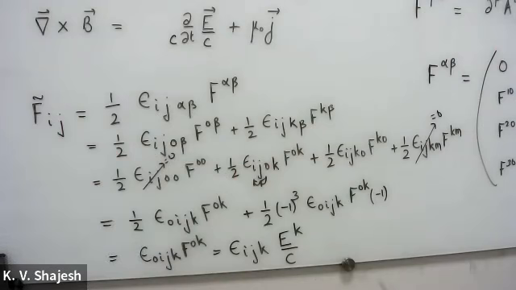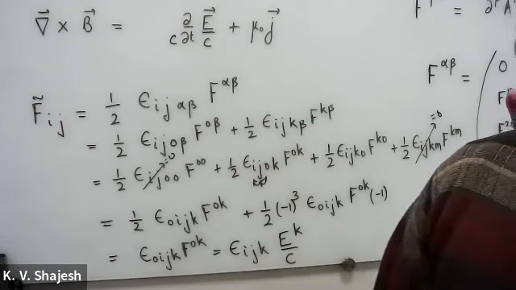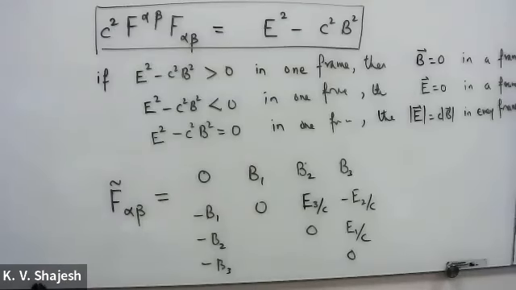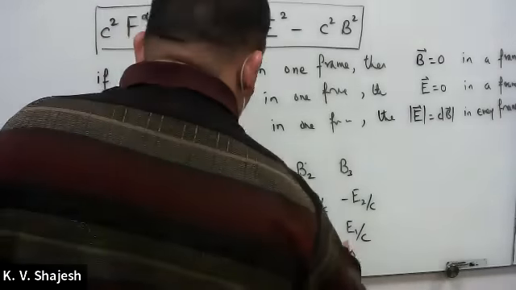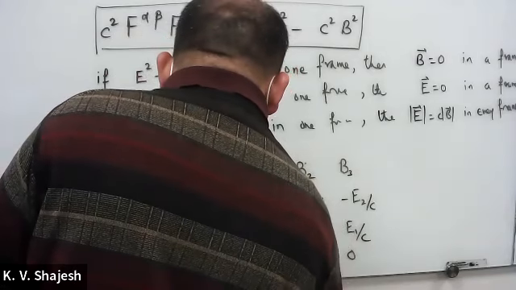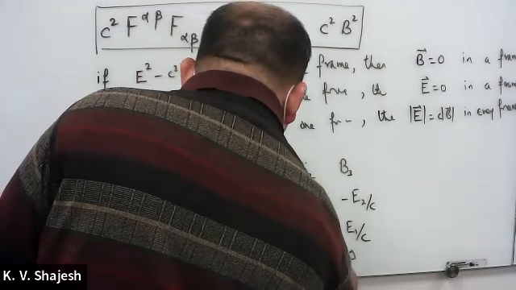That's the anti-symmetry that is deciding that. That's because of this. And that's equal to, this is minus E3 over c, E2 over c, E1 over c.